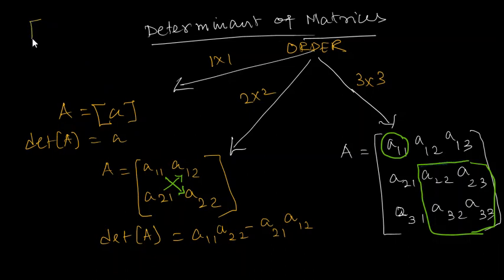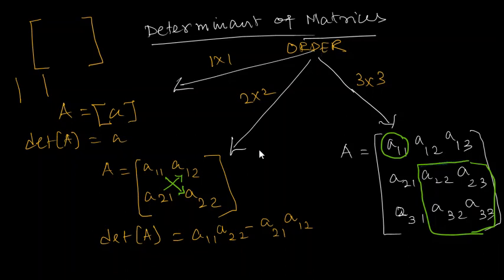Normally, we represent the matrix like this, but in the case of a determinant, we put this symbol. This is not modulus. This represents the determinant symbol. So the determinant of A is the element A itself. That is, the element is reflected here.